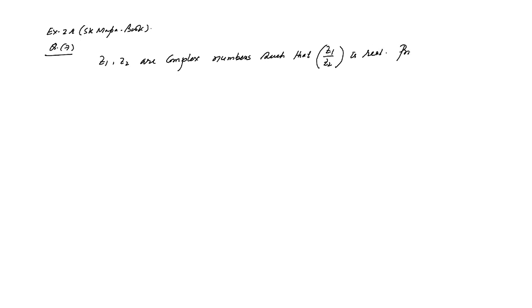So prove that the points representing Z1 and Z2 in the complex plane are collinear with the origin.